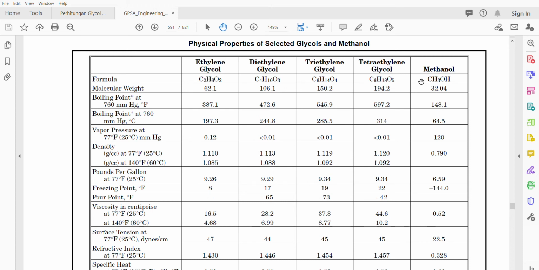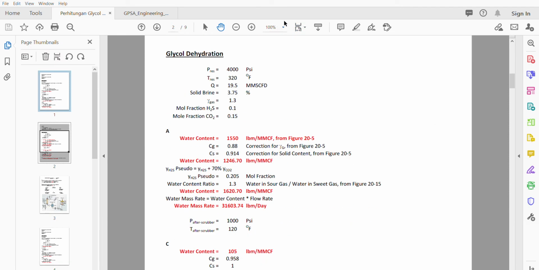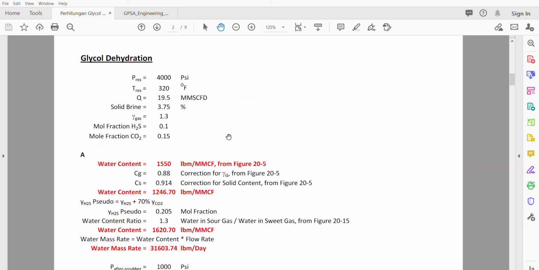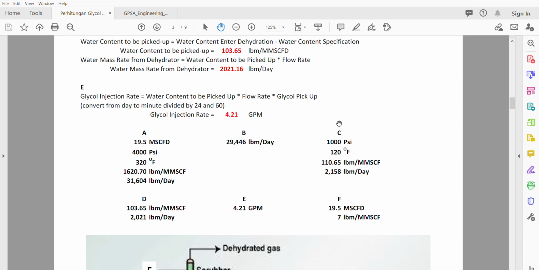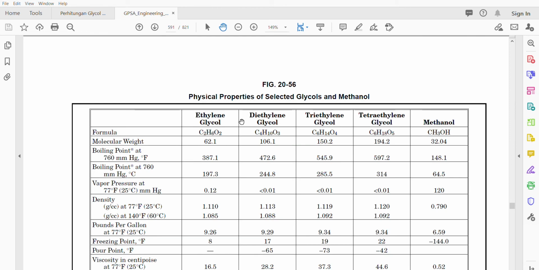What you mentioned about TEG is tetraethylene glycol. That's a TEG, the one mentioned in here.